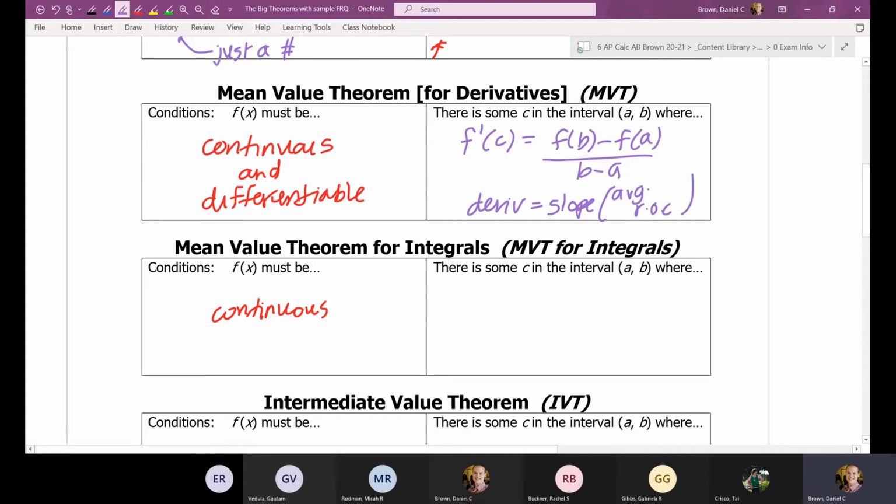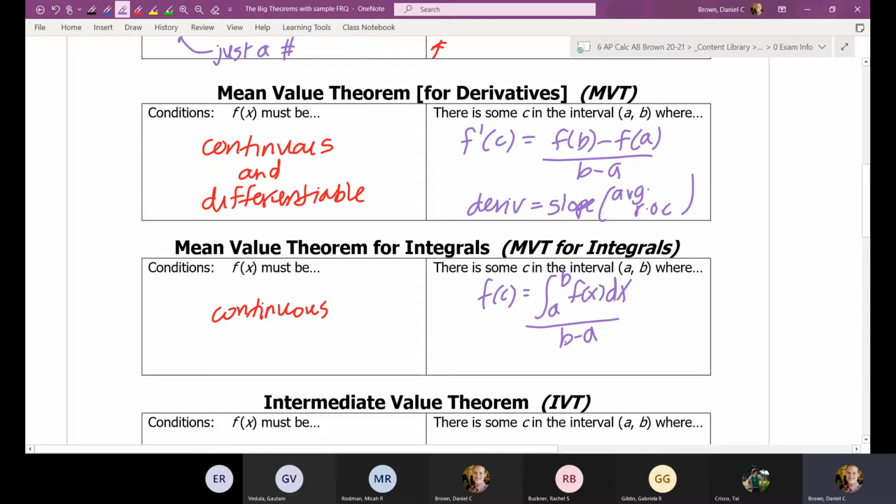And then we also have the mean value theorem for integrals. It also has a formula, also a good formula to review. This formula says the function is equal to the average value, where the average value formula is basically the integral divided by the end minus the start.